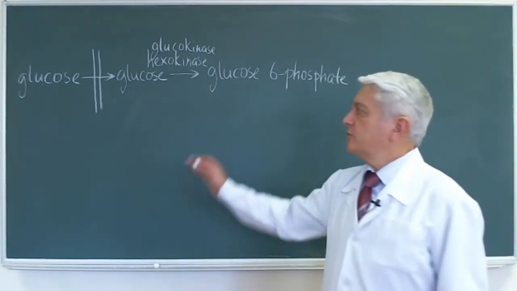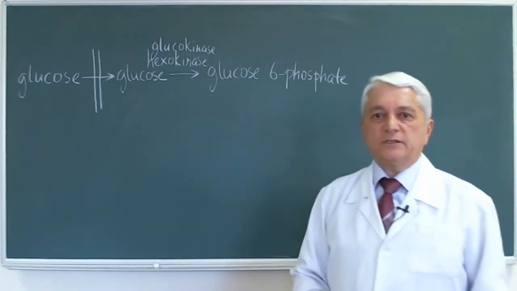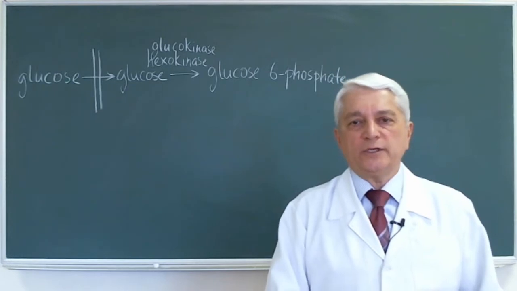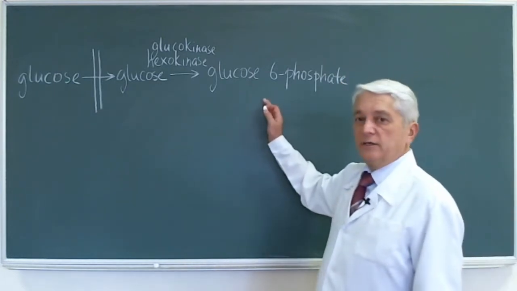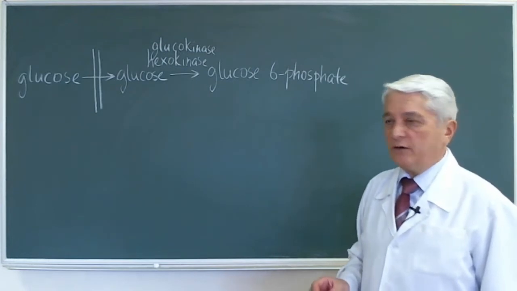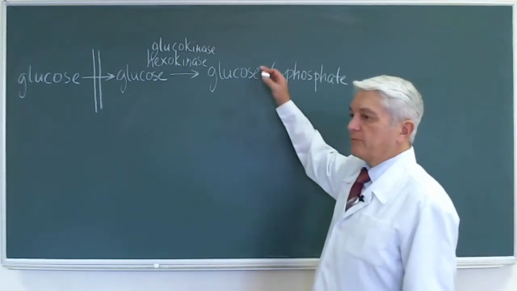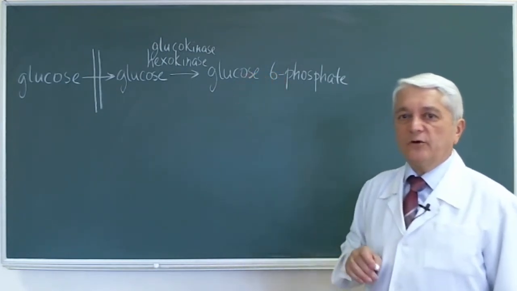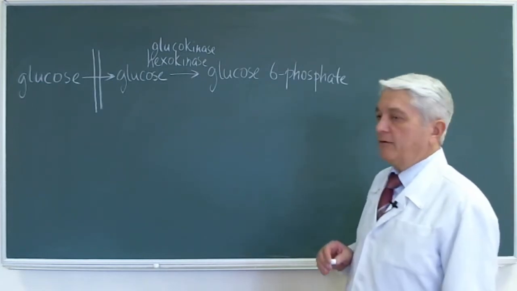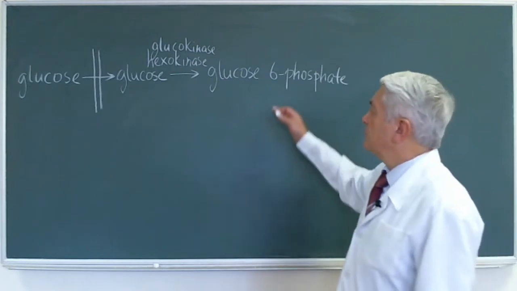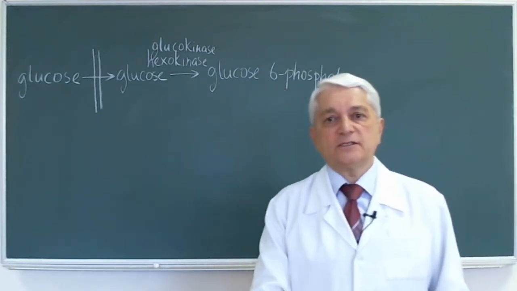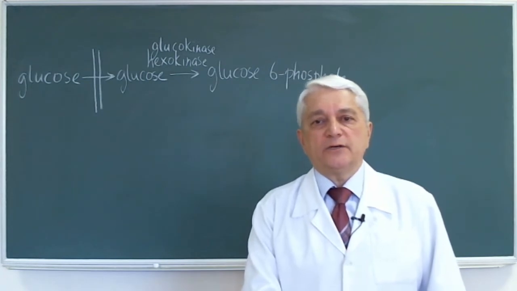Now we have glucose 6-phosphate, and with this substance we have two ways. First way, when we have much energy in our organism, it can be transformed to a polymer, to glycogen. When we have no energy, glucose 6-phosphate goes to glycolysis, then to the citric acid cycle, and we are receiving energy.